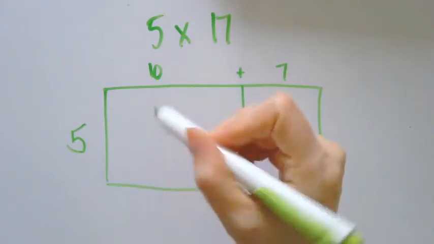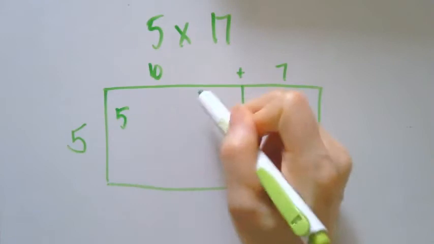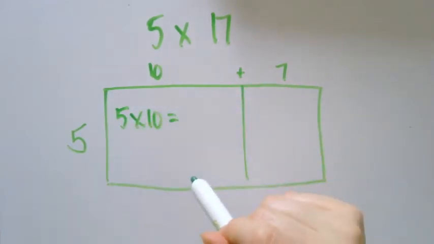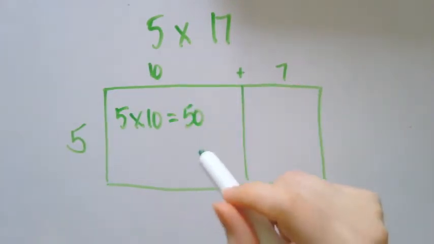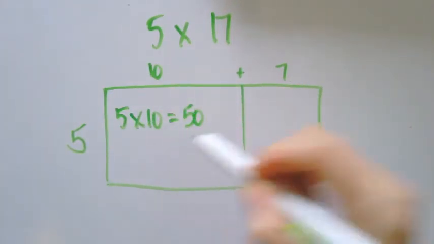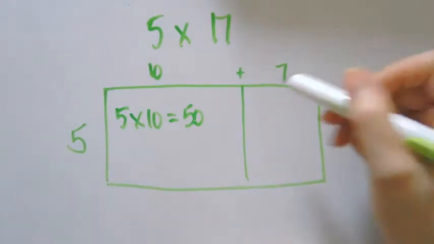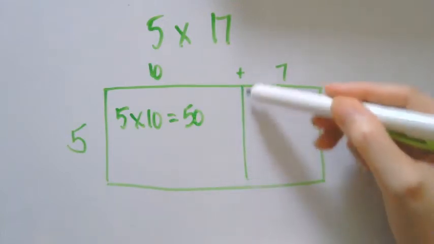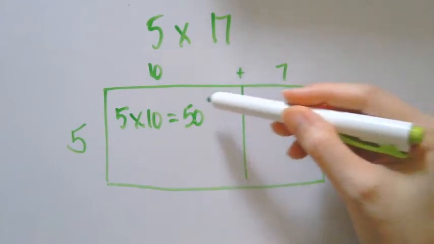So the problem I'm going to have inside my first box is going to be 5 times 10. Think about it, is 50. All right, so this is one partial product. I can't leave an empty box, so I need to find out my other partial product. Okay, again, looking at the sides, what is the distance from here to here? If it doesn't have a number here, I look here.